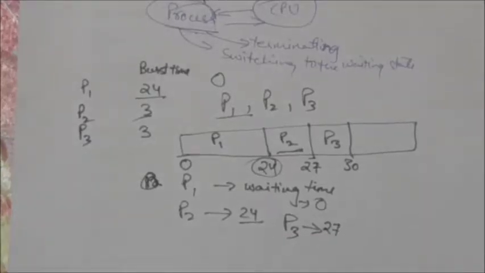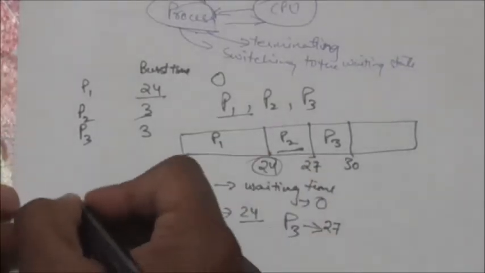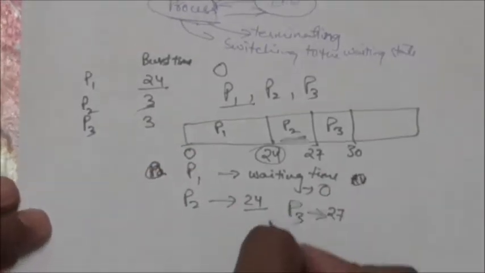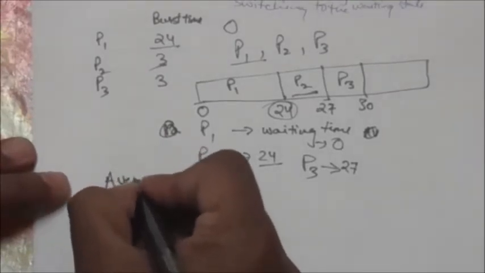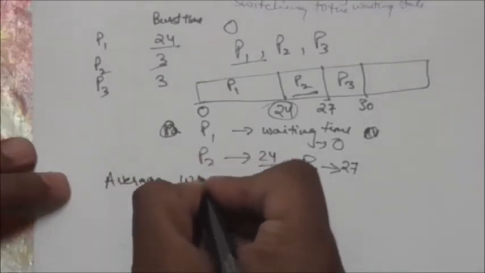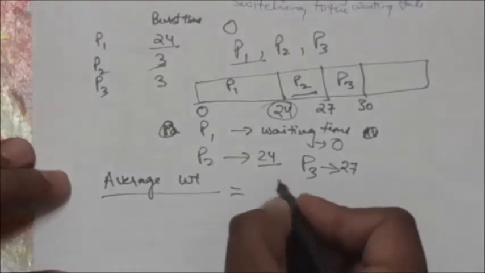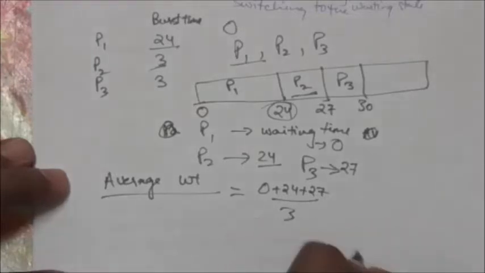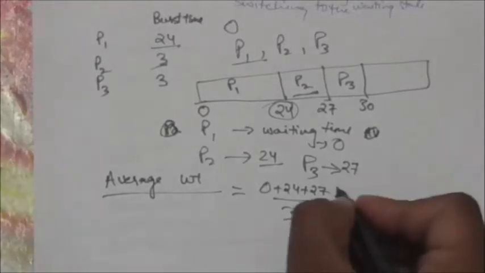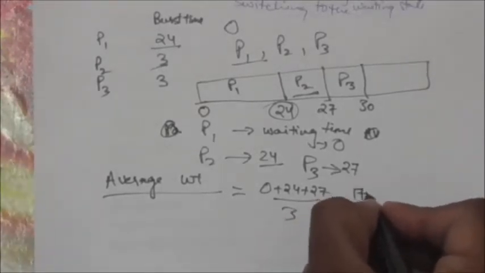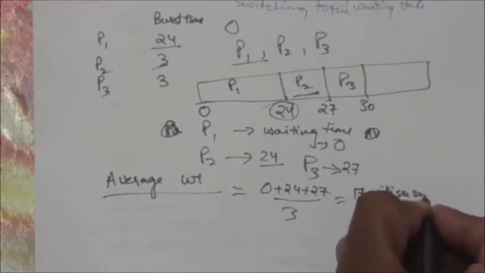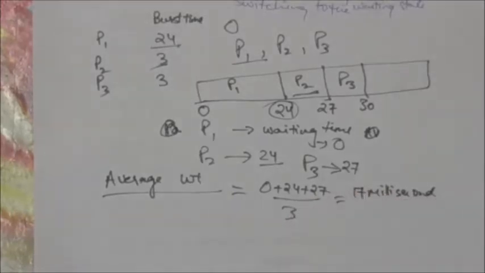So the average waiting time will be 0 plus 24 plus 27 divided by 3, and it will be 17 milliseconds. So in this case, the average waiting time is 17 milliseconds.